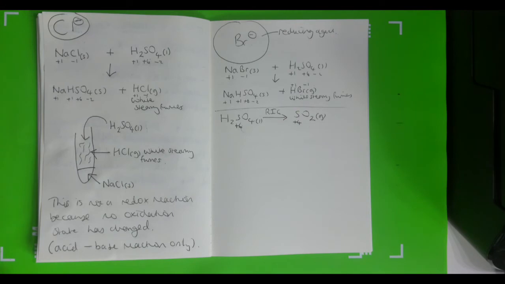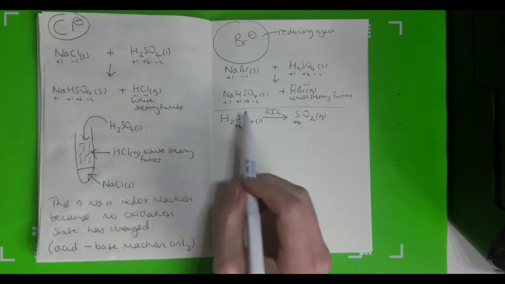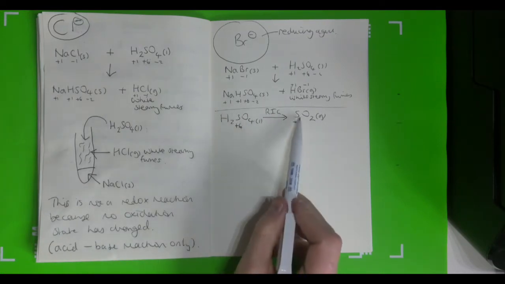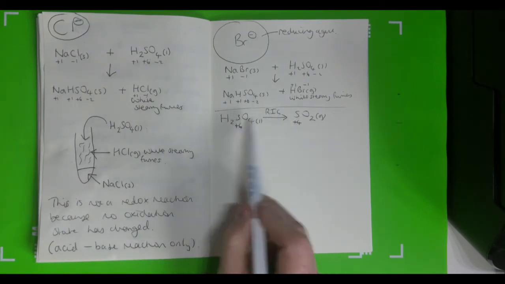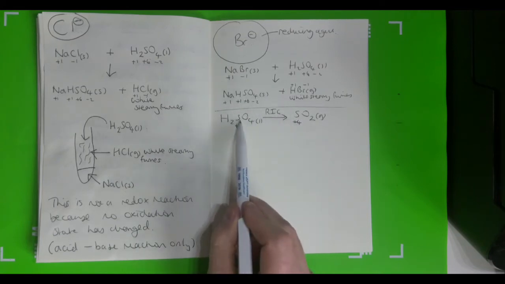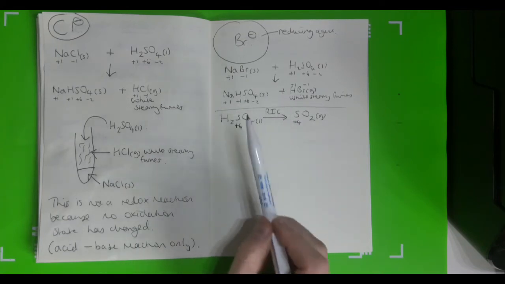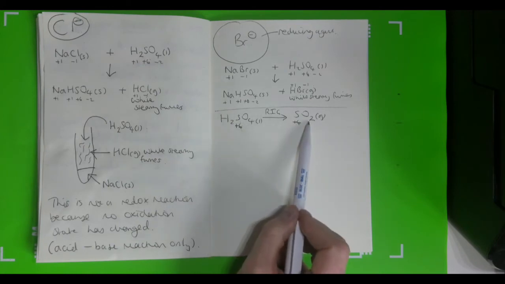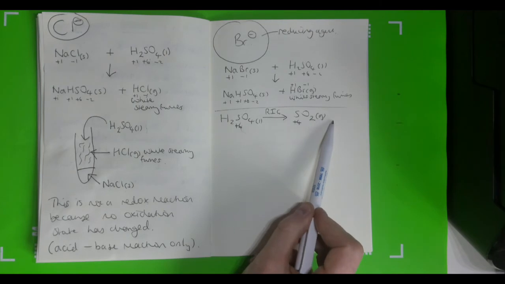Okay, now what we can do there is we can balance this redox equation, can't we? One sulfur there and one sulfur there, so the element which changes oxidation state is already balanced. However, we've got 4 oxygens here, but 2 there. So I need 2 more oxygens on this side.